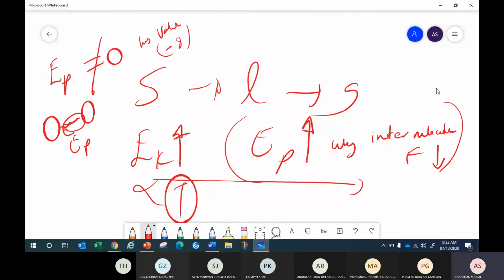Get the idea? Then the EP of solid, is it more negative or less negative than real gas? Solid, liquid, gas. Solid has a high intermolecular force, so it's more negative. Liquid is less negative. Real gas is close to zero.